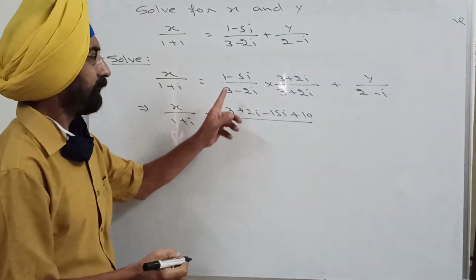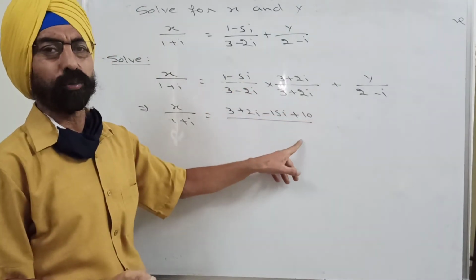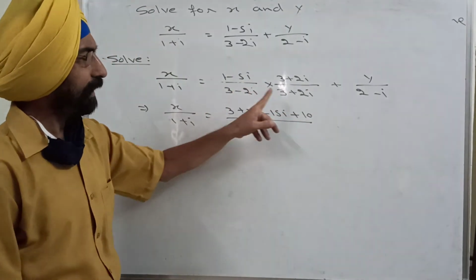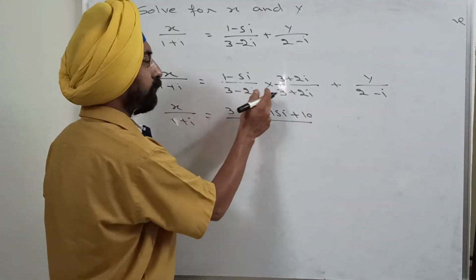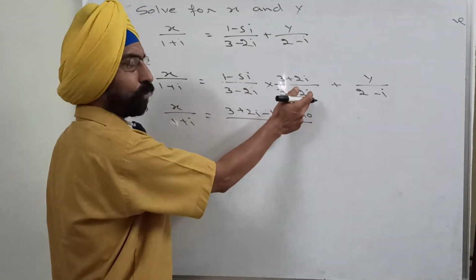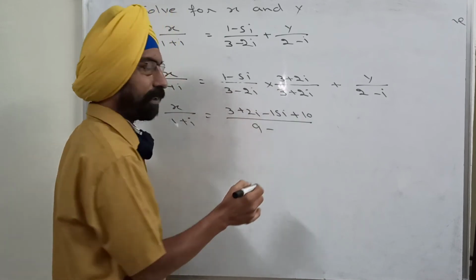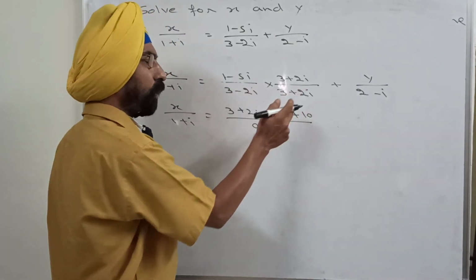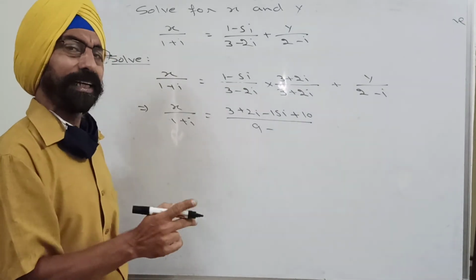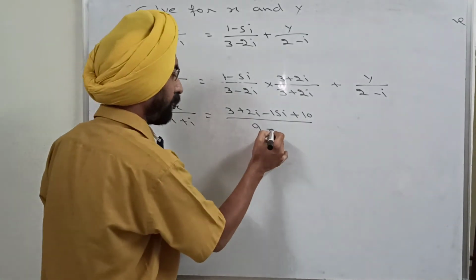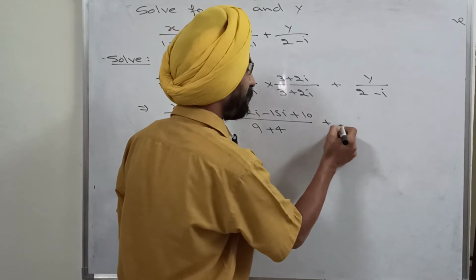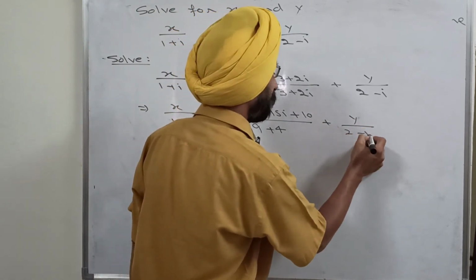I have directly substituted the value of iota square is equal to minus 1 in this step. And in the denominator you will get a minus b into a plus b, so it will again be a square minus b square. So a square is 3 square is 9, minus b square is 2 iota whole square, that means 4 iota square. Once again iota square is minus 1, so it will become plus 4, plus y upon 2 minus iota.